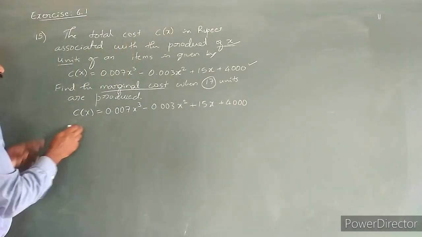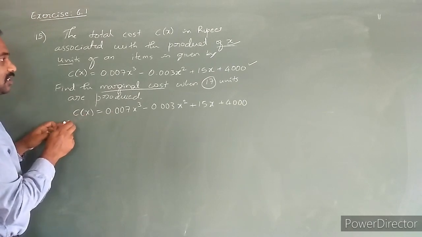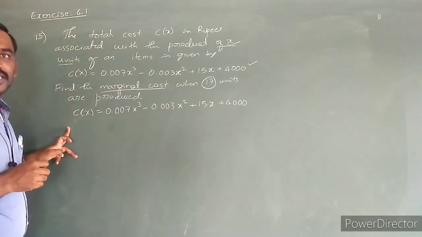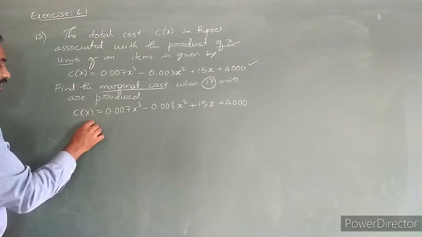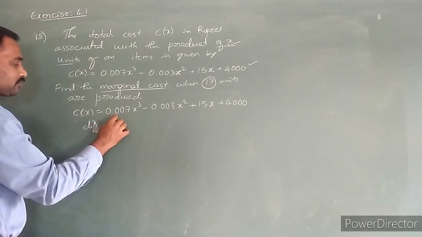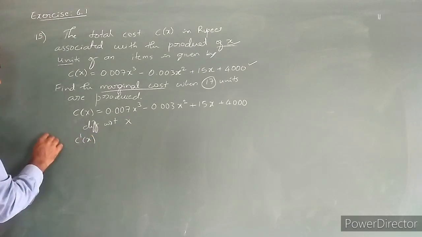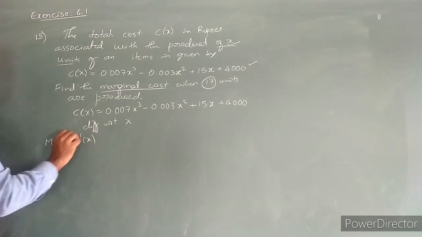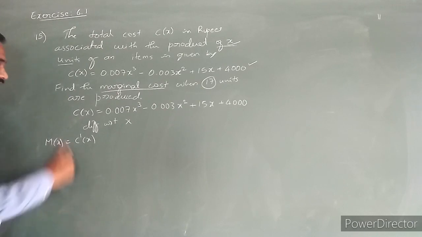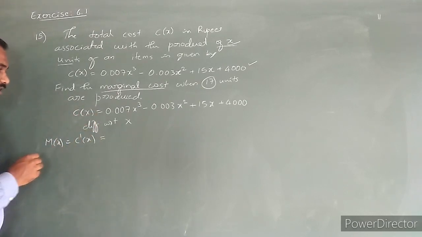Okay. Now, this is the cost function. If I differentiate with respect to x, we will get the marginal cost. The marginal cost is given by M of x, the differentiation of C of x with respect to x.